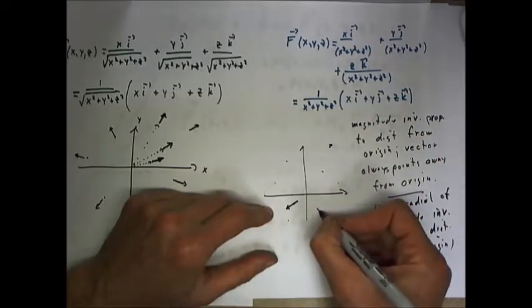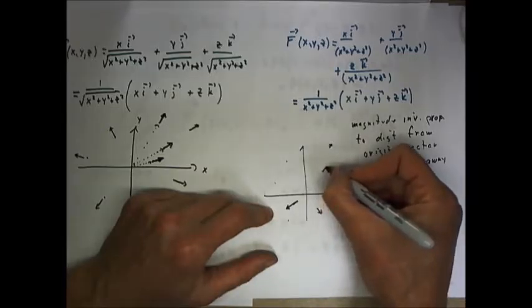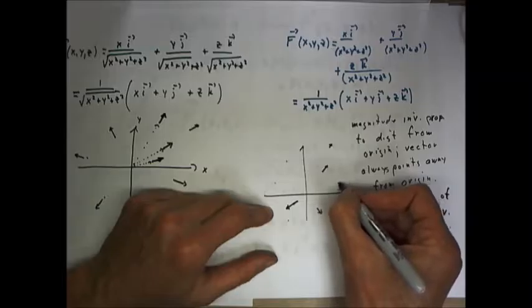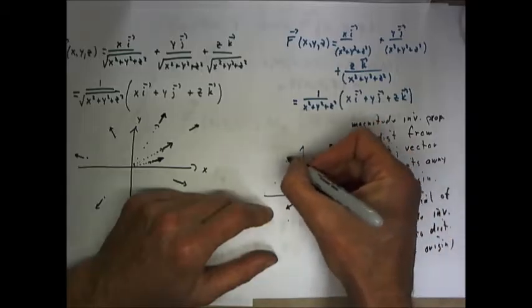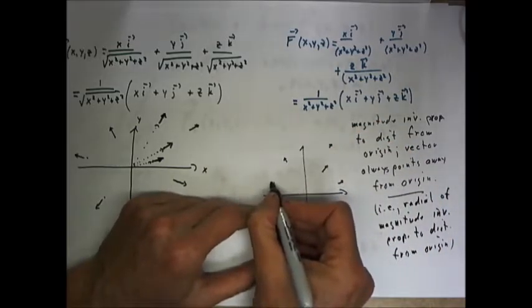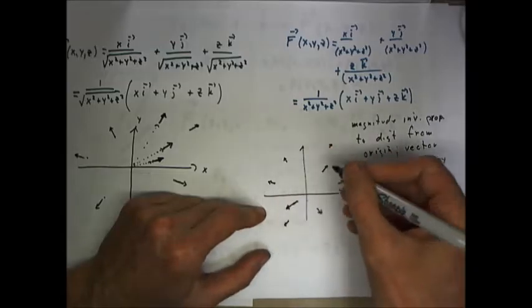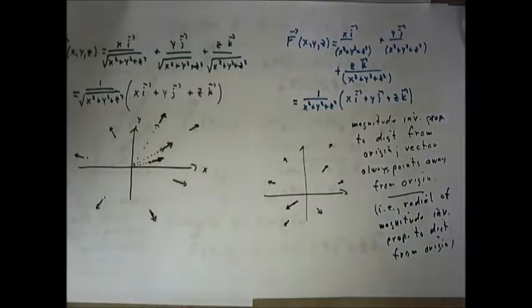So that we might get a field that looks something like this. Let's go ahead and sketch just a couple more points. Not sure that I'm getting all these of correct relative sizes, but we get the idea. It's a vector field away from the origin of decreasing magnitude.